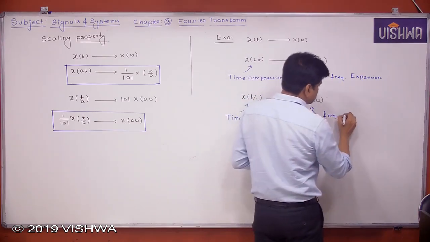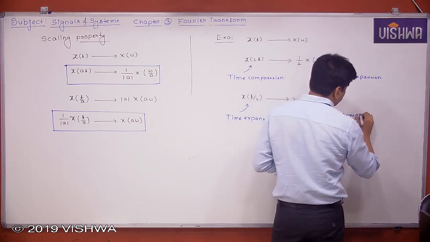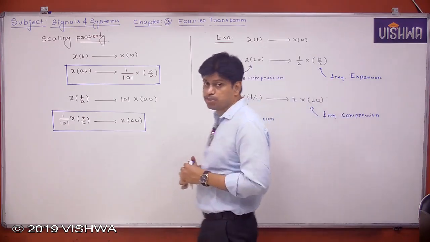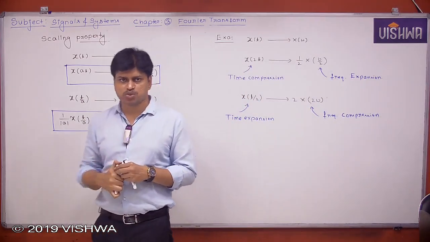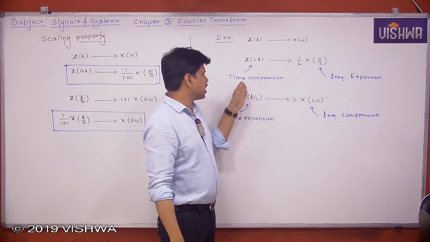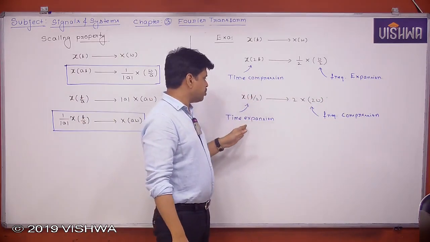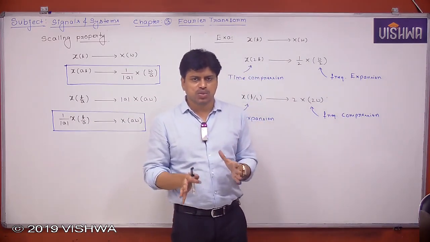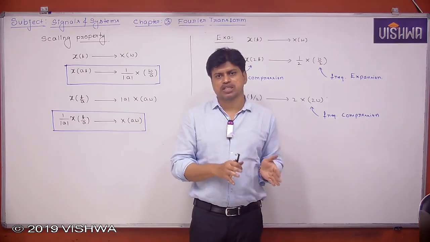From this I can conclude, in one domain if it is expansion, in another domain it has to be compression. If it is expanded in the frequency domain, in the time domain it is compression. In the time domain if it is expansion, in the frequency domain it is compression. Opposite. So compression leads to expansion, expansion leads to compression.